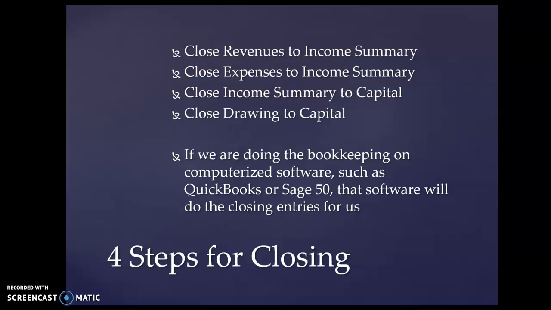It would be listed after drawing. Some companies don't even put it in the ledger because we're going to use this income summary account for about 5 minutes, and then it'll be closed. So rather than having this big thing sitting in the ledger, sometimes we don't even put it in.